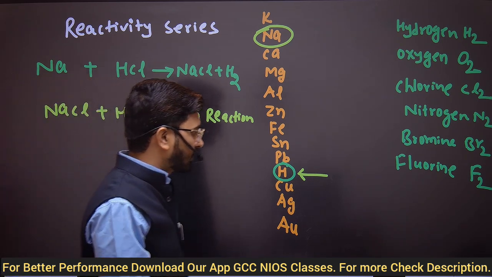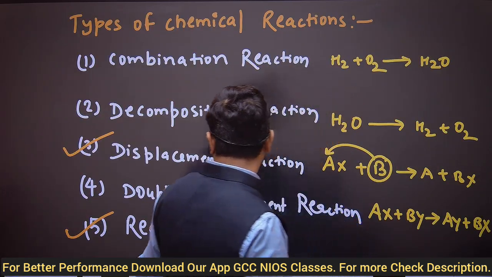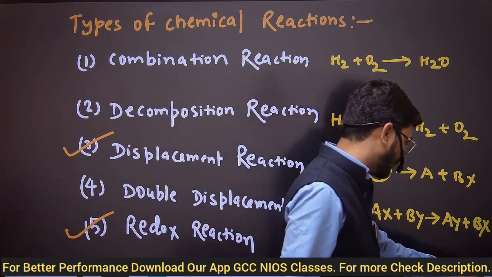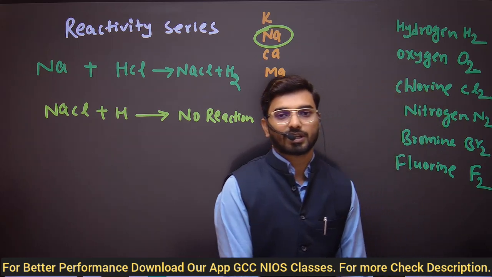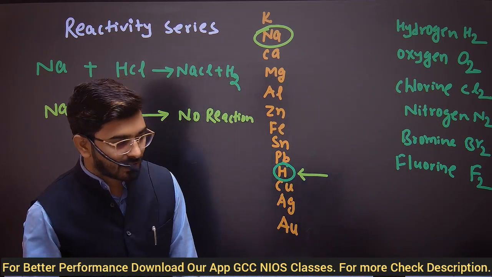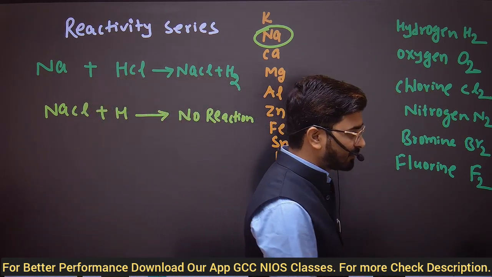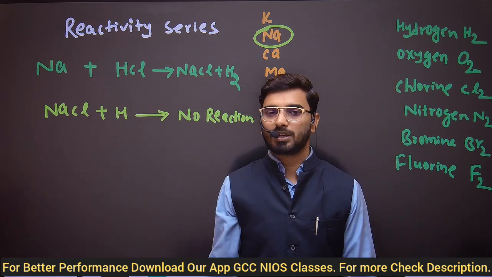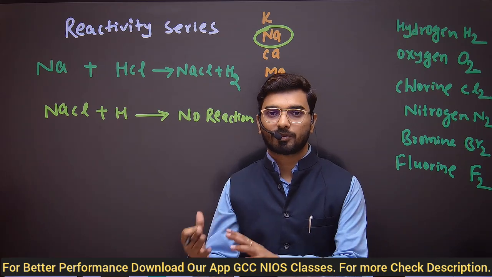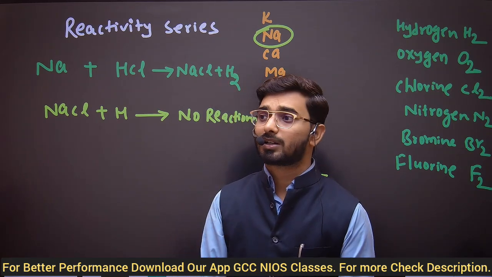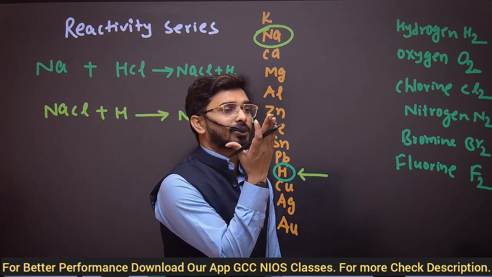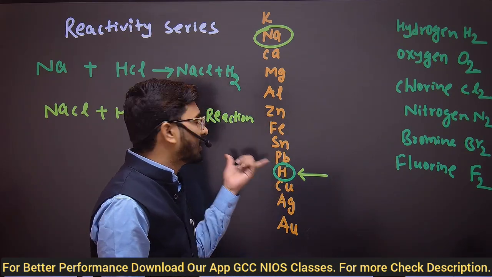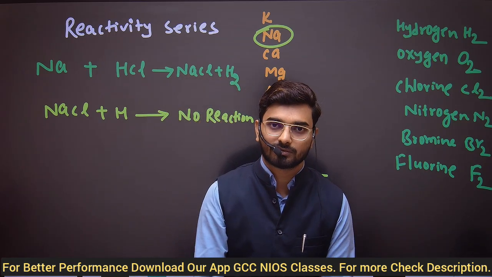Now the next thing here is redox reaction. Redox reaction is basically reduction plus oxidation. At the level of class 9 and class 10, it is very standard to study it in terms of oxygen and hydrogen. But when we go to the standard of class 12, it's not enough to study in terms of oxygen and hydrogen.